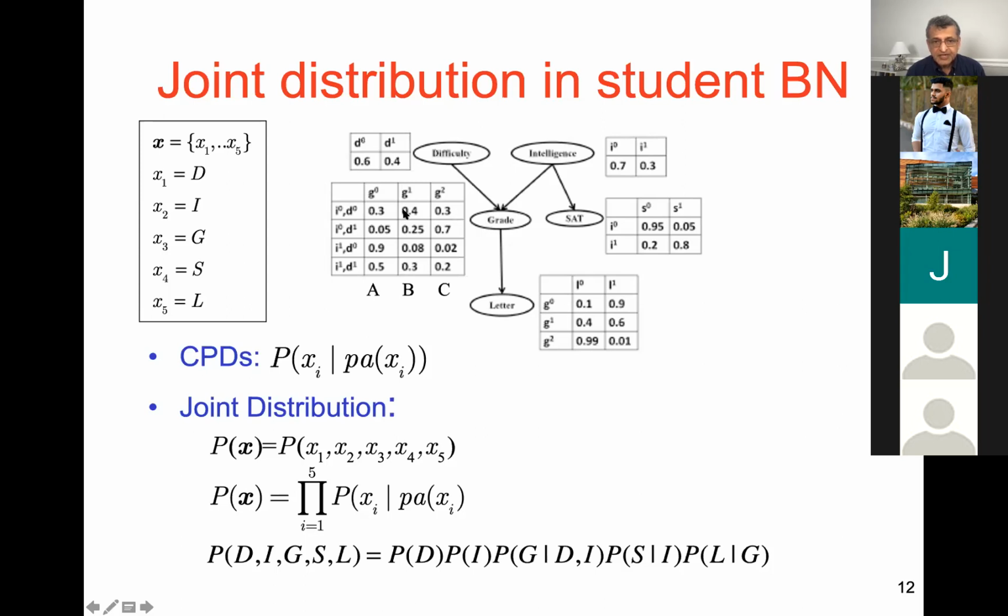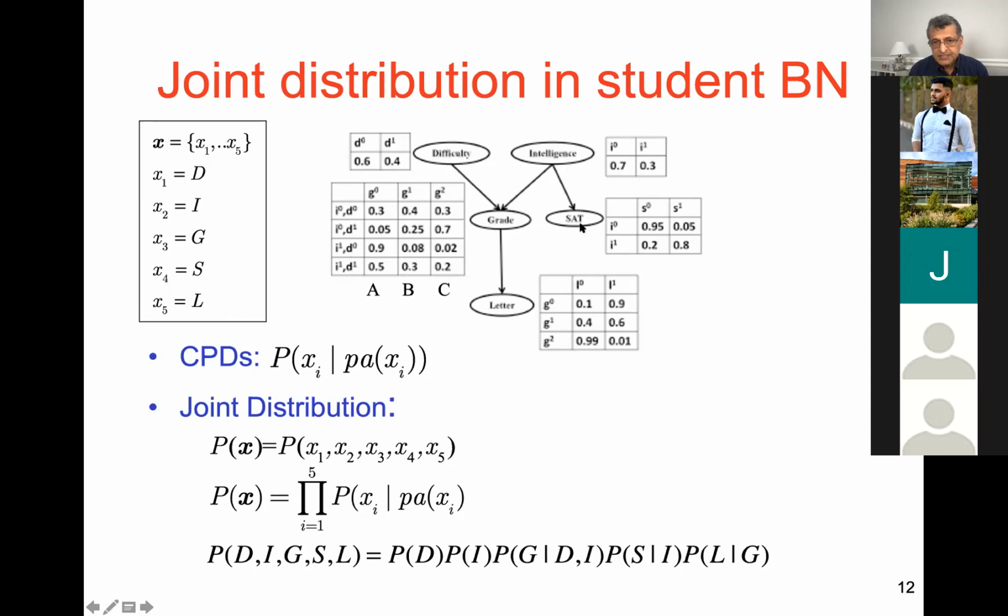So we have grade can be G0, G1, and G2 corresponding to A, B, and C. And its parents can take on values I0, D0, I0, D1, and I1, D1, like that. And there are probabilities here. So this is called a conditional probability distribution table, CPD, which tells you all about the behavior of grade given settings for the 2 binary parents, difficulty and intelligence. Similarly, SAT is based on only 1 parent here.